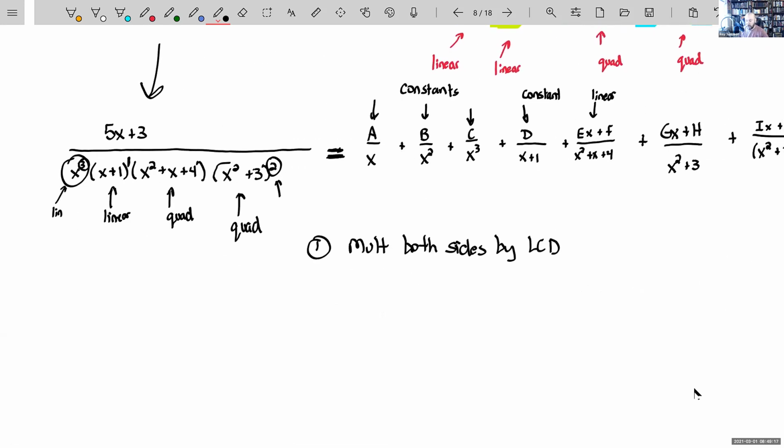And again, it would still be an equation, but then at that point, you could do what I call strategic substitution. And strategic substitution is basically choosing values of x to plug in to turn certain things off.